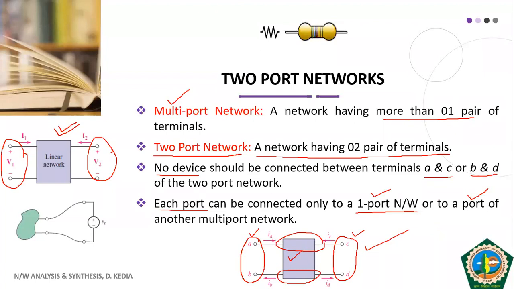Okay, let me give you one analogy here. All of us are very familiar with the usage of computers. So we have a USB port. What is the main function of any port in your CPU?